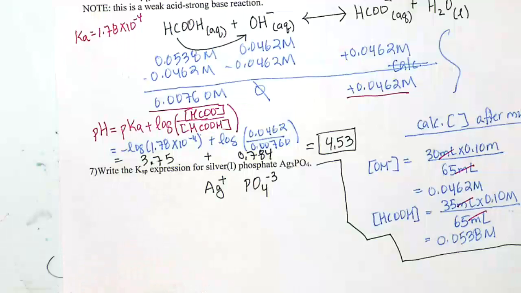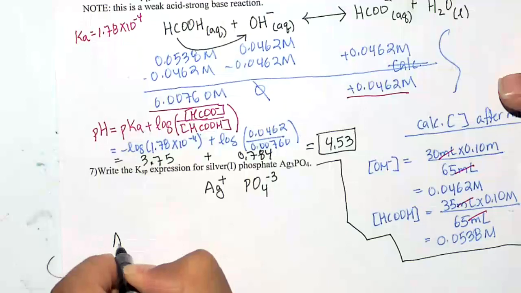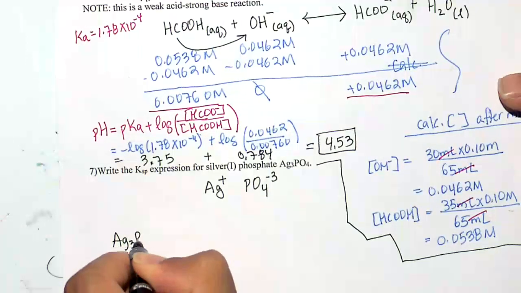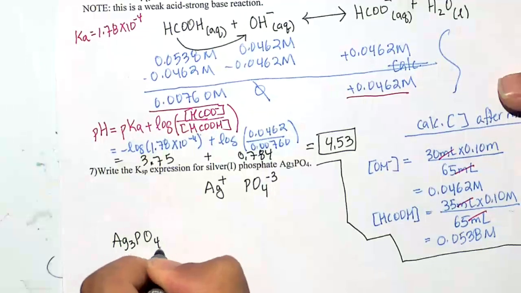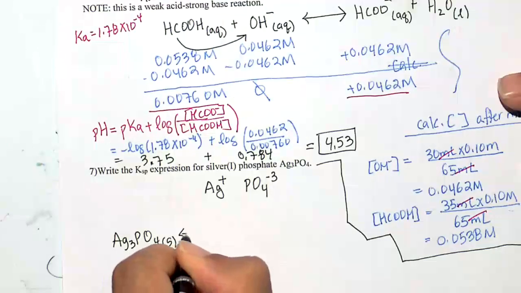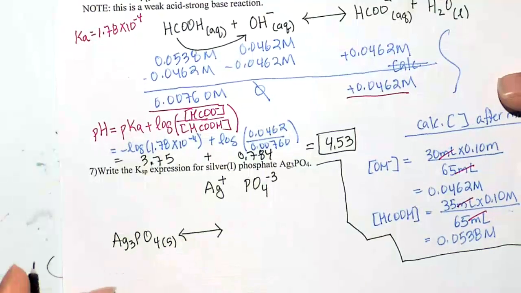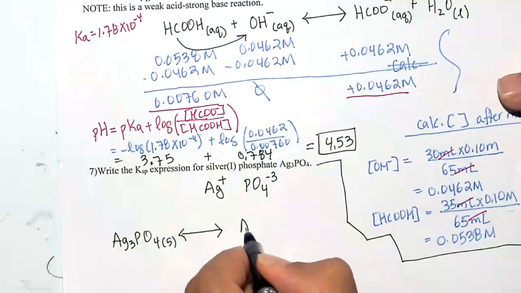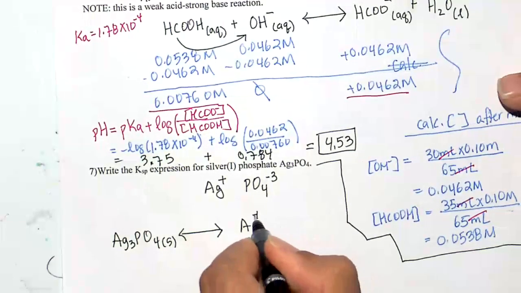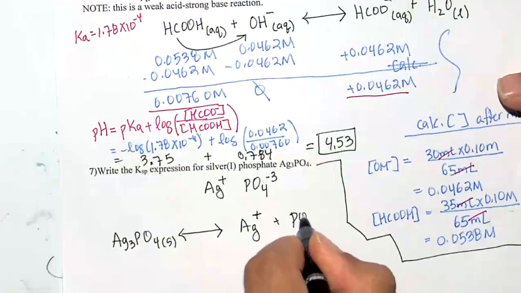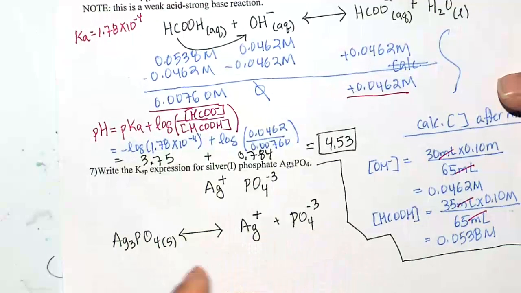KSP is used for what we call sparingly soluble solids, which means we have Ag3PO4 solid. Some of it will go back and give you Ag plus and PO4 minus 3.